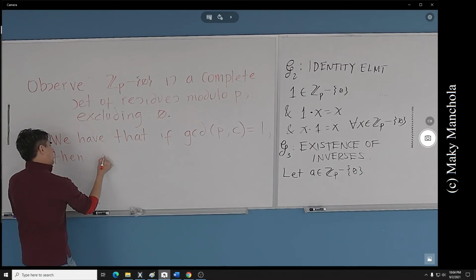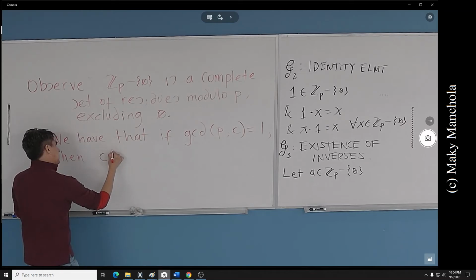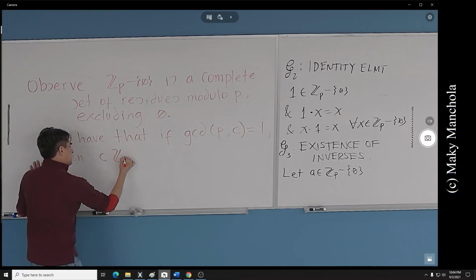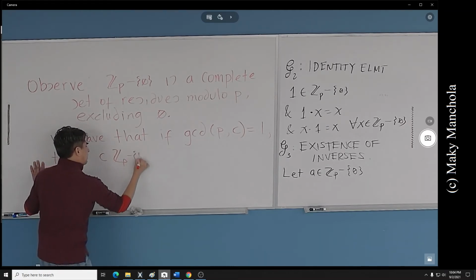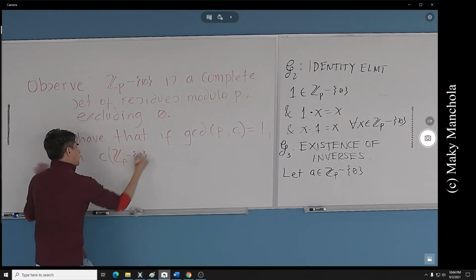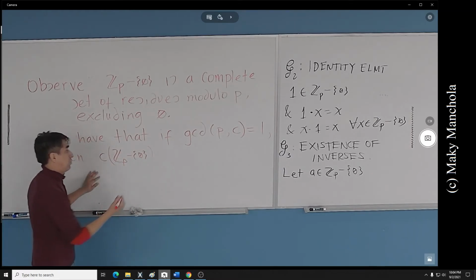So let's say it this way. C times ZP minus 0. So this means every element will be multiplied by C.